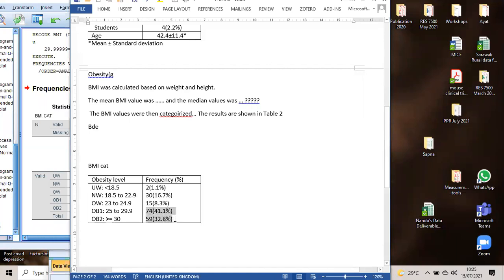How many percent is this? 73.9% of the respondents in the sample were either overweight or obese.